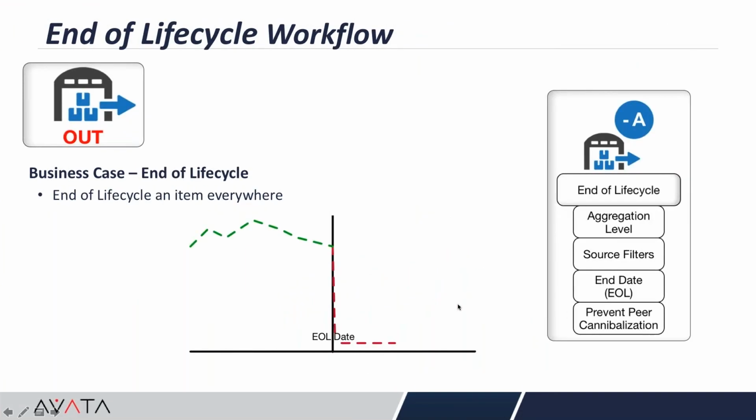In this case, we are saying that we would be end-of-lifing a particular set of combinations and zeroing out their history and forecast on a certain date. So we need to know the aggregation level, which is the product family in this case, across all customers. The source filter selects the exact product family and the items which need to go through end of life, and we look at the results.